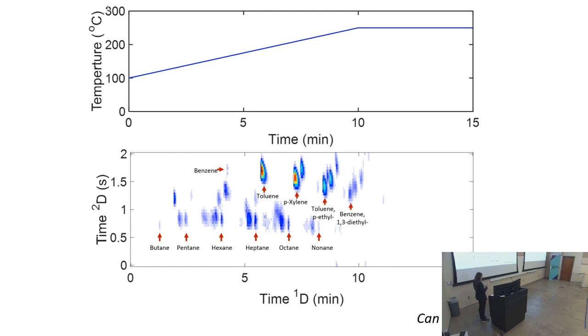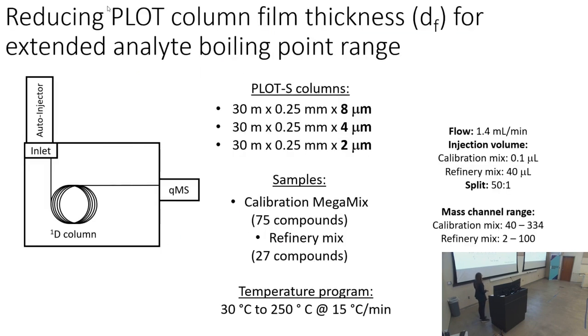And so what we decided to do from there was to inquire Restek about making us thinner film PLOT columns and trying those out and seeing if those would work better, if we can actually make them still have retention, but not hang on to those higher boiling point analytes as much.